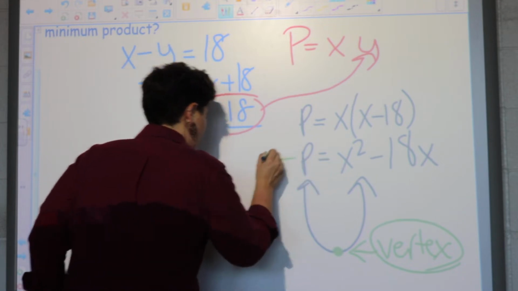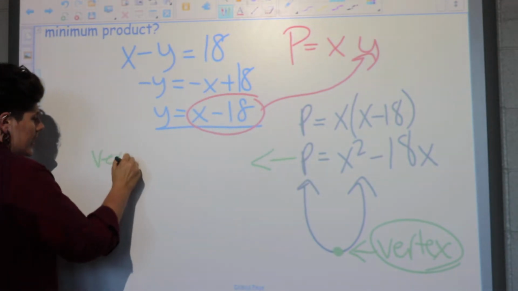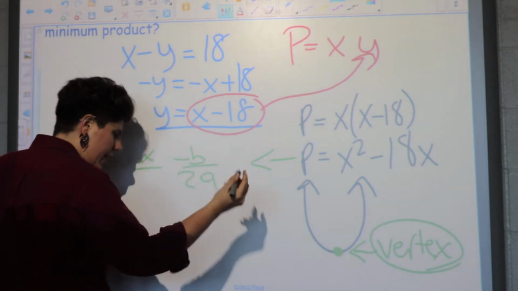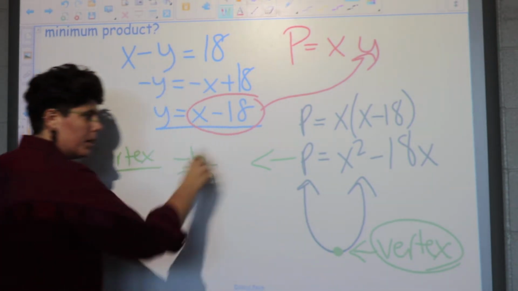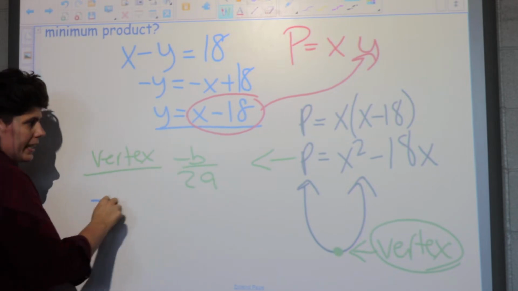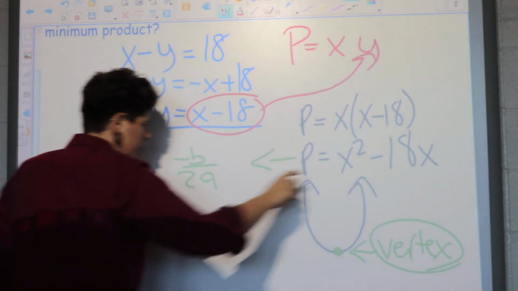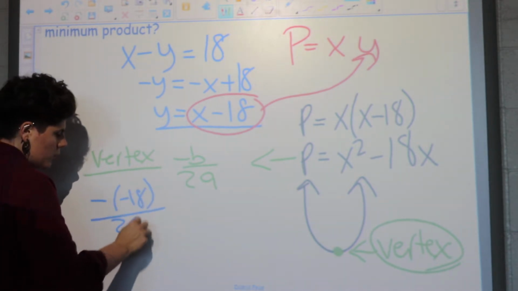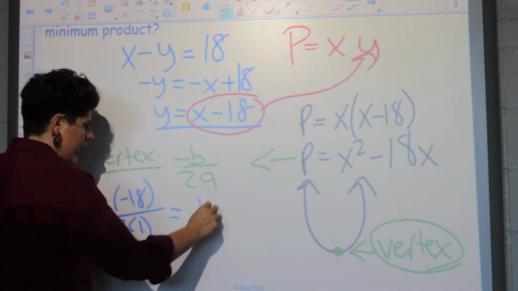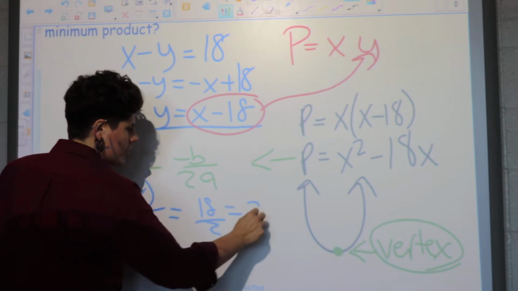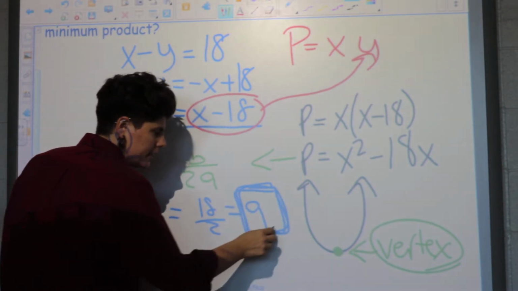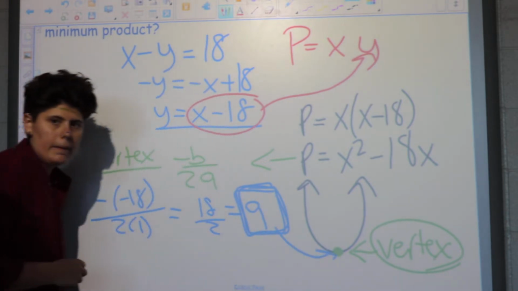So the x value of the vertex is negative b divided by 2a. I'm just going to plug into my formula. My b value is negative 18, so negative negative 18 divided by 2 times 1. That gives me 18 divided by 2, which is 9.